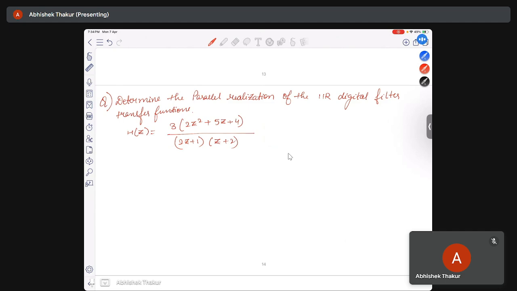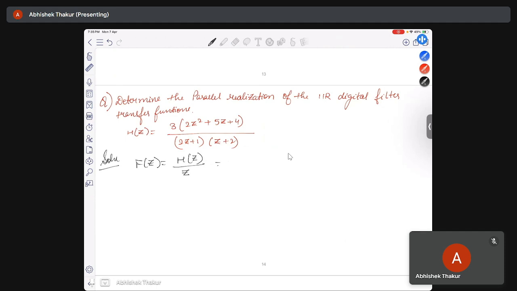So the partial fraction expansion of H(z)/z is first determined, just as we did for inverse z transforms. So here we will take F(z) equal to H(z) divided by z.